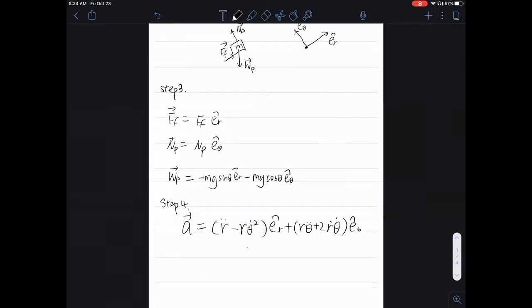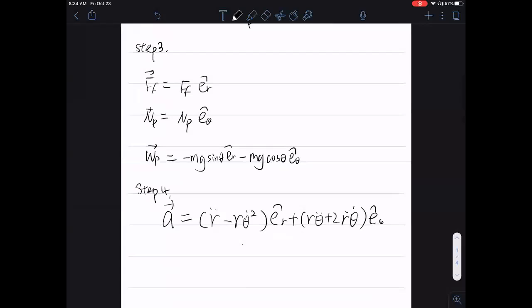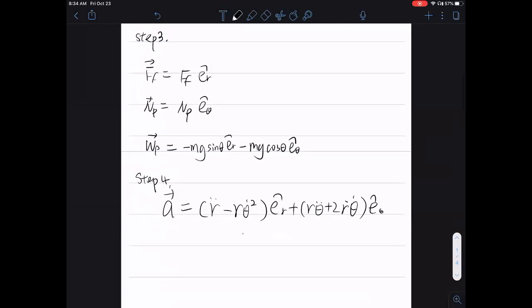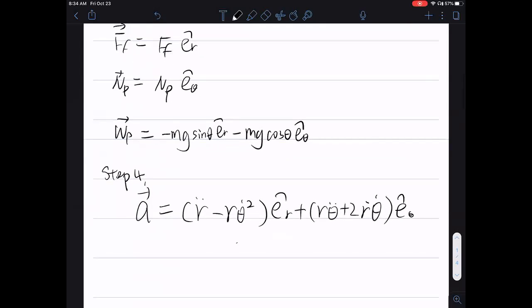Okay, so look at this equation. Actually, we know a lot of things here. What is theta dot? Theta dot simply equals omega, the angular velocity or angular speed. Theta is just the angle, and theta dot means how fast that angle is changing.